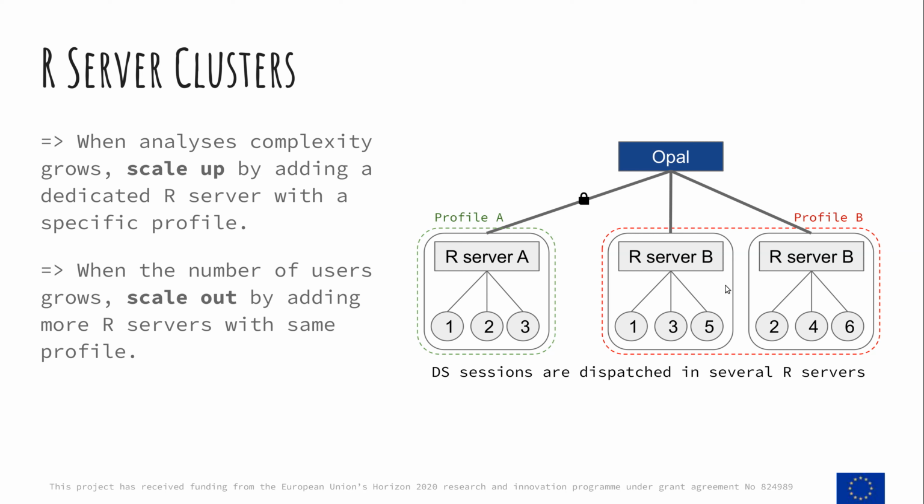And this way, Opal will balance the load to each of the R servers. So in this infrastructure, it's very simple. There's no additional software required, like your load balancer. Opal takes care of the work, and you're good to go. So it's possible to scale up and scale out.